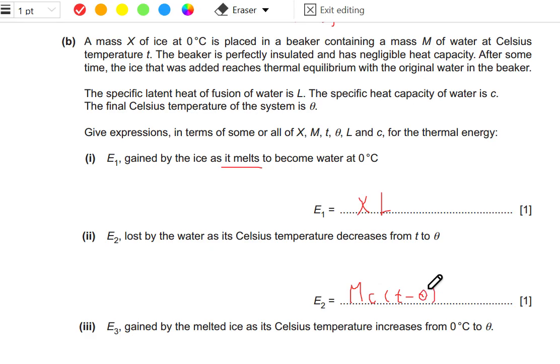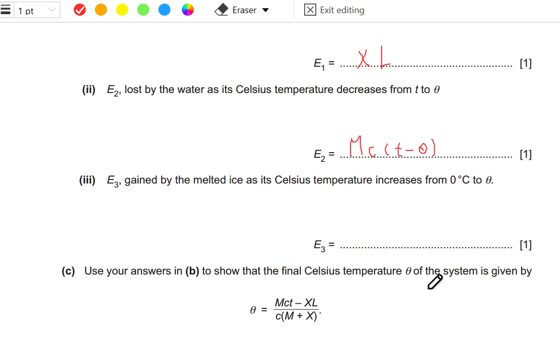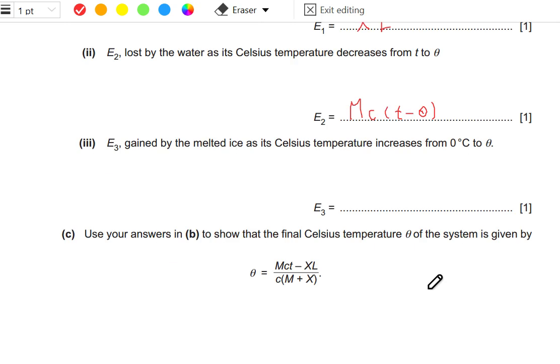Energy gained by the melted ice as its Celsius temperature increases from 0 to theta. It is the mass of ice, now melted water, times specific heat capacity times the change from 0 to theta, which is theta minus 0, which is theta.